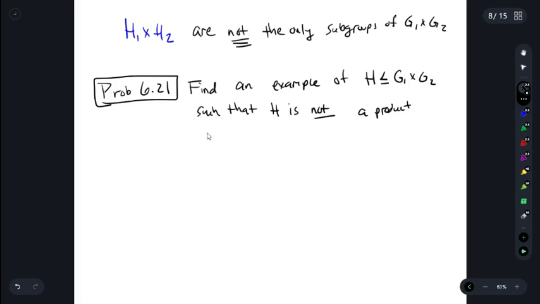Sometimes we just shorten direct product to just the word product of subgroups. So we're looking for a subgroup that cannot be split up into, oh, this is just H1 cross H2. So I'm guessing that we might have gone a little bit over and you're doing this at home, so you don't have anybody to talk to, but either way, pause and think about it.